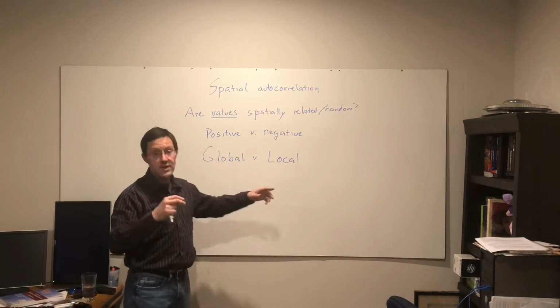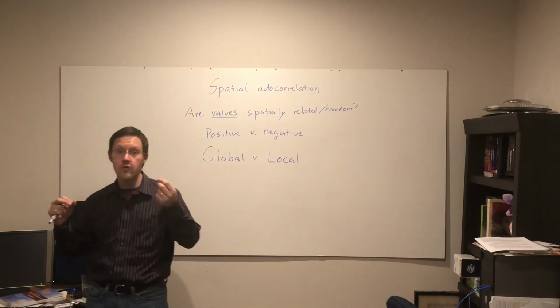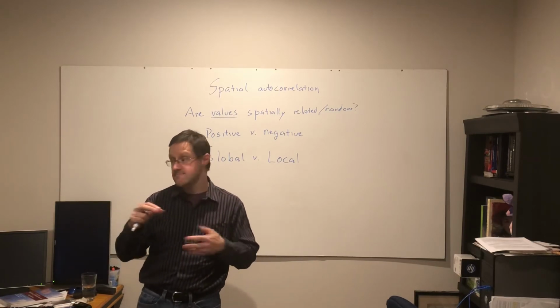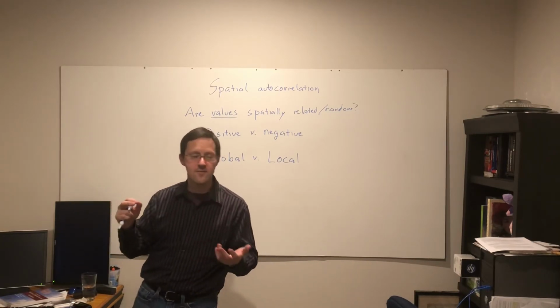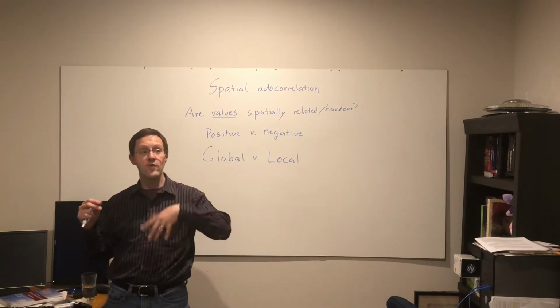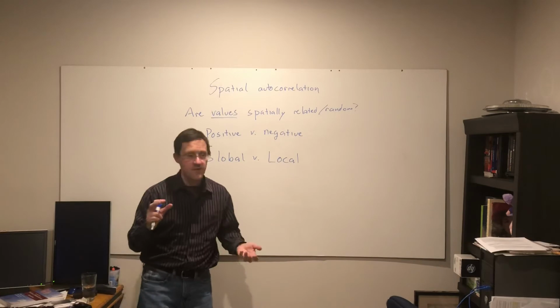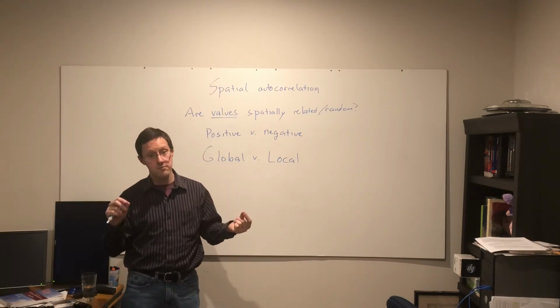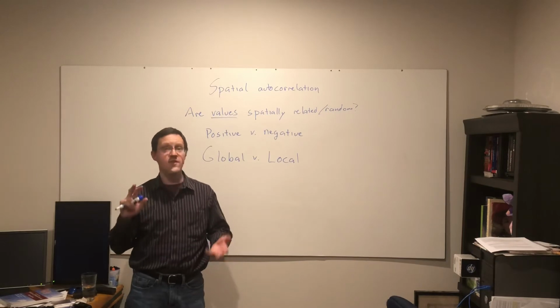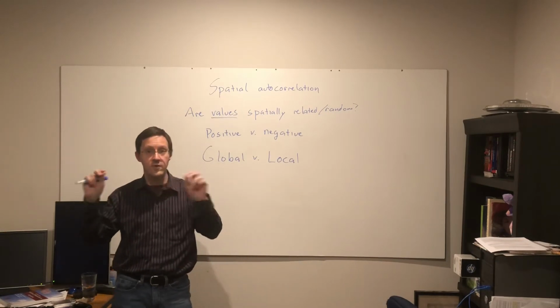We might be wanting to see a global spatial autocorrelation test, just to say, are they close to each other? Are high values located next to other high values, low values near other low values? If that's the case, we might conclude it's infectious. To make that determination, I don't care where the clusters are. I just need to know if there are clusters, period, end of story.